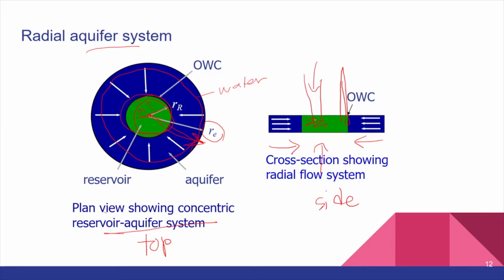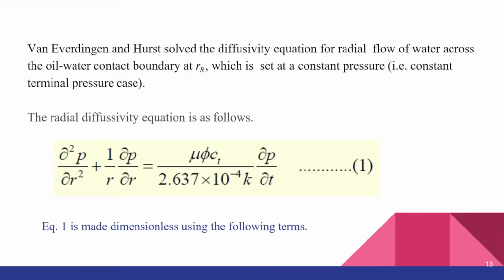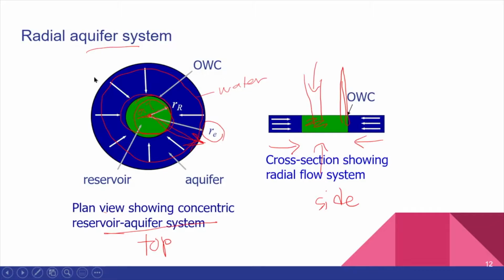So Van Everdingen solved the diffusivity equation for radial flow of water across the oil-water contact boundary Rr. So Rr is the oil-water contact, from the oil towards the water only.